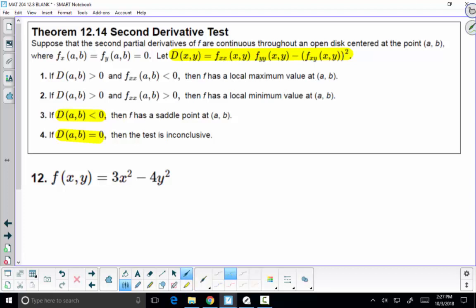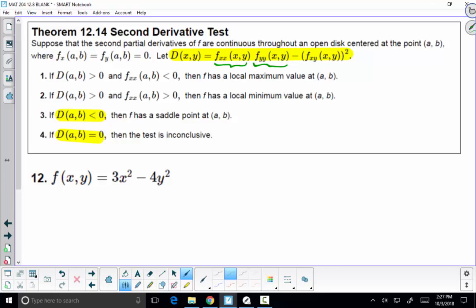So if you think about your second partials as being concavity, if you have a second partial that's negative, it means that the cross-sectional curve is concave down in that direction. So if f sub xx is negative, that means in the x direction we have a concave down cross-section trace. If f sub yy is positive, then we have concave up in the other direction.